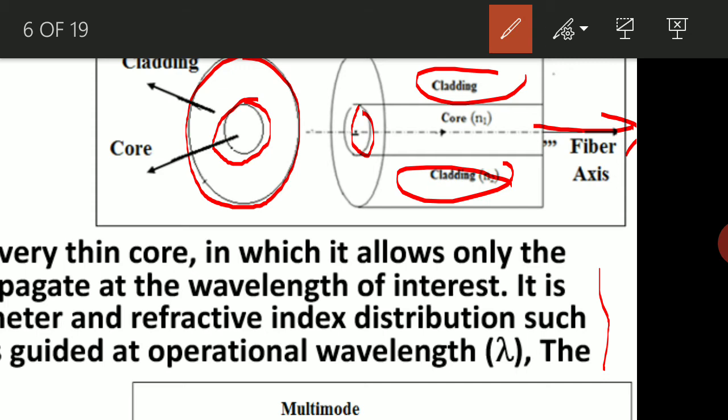The important thing is that single mode means only one mode. Only the fundamental mode can be transmitted in the fiber. It means only one ray path is possible in the given optical fiber. That's why it is known as single mode. Only one mode exists.